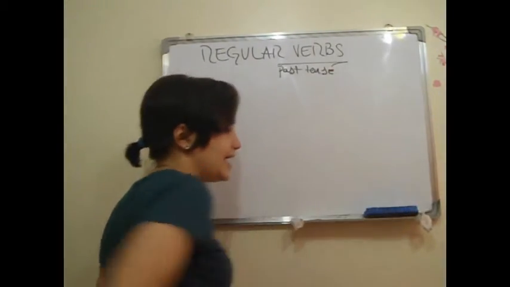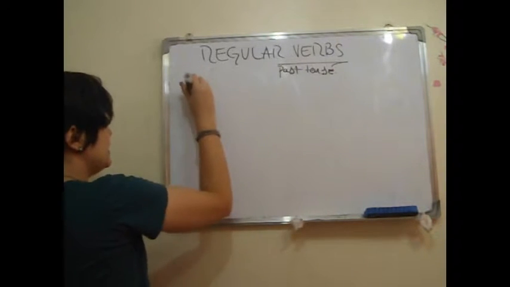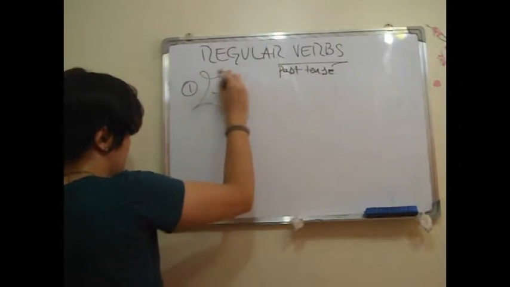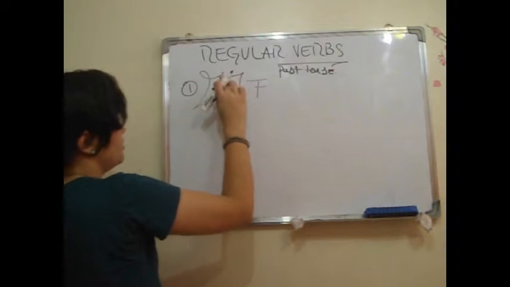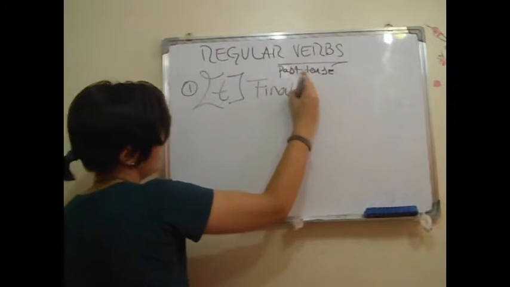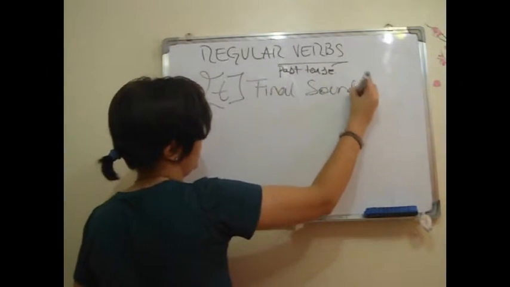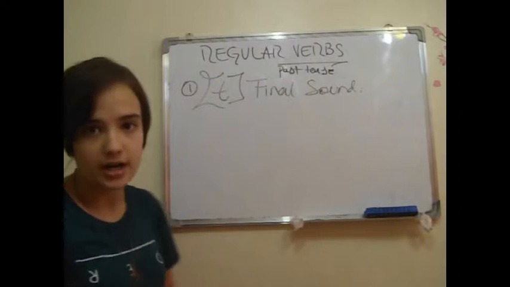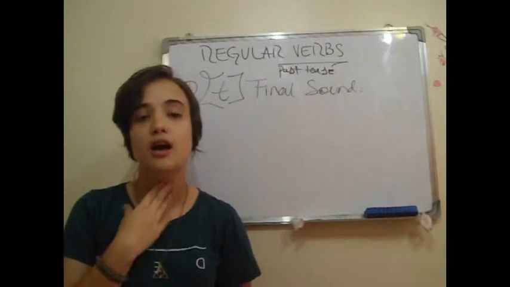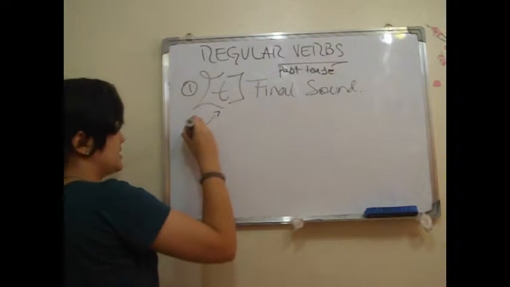When do we get the T sound at the end? The T sound, okay, final sound at the end, right? Well, let's write up T. Okay, that's a voiceless sound.